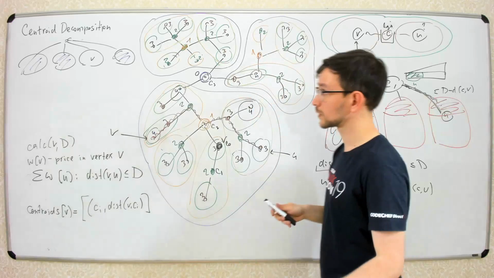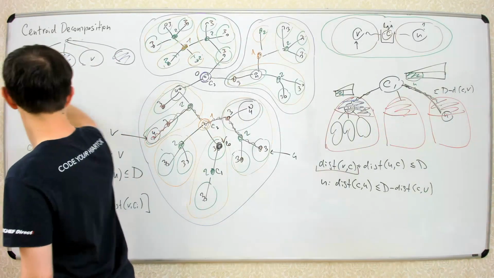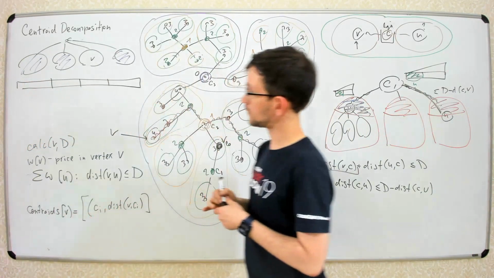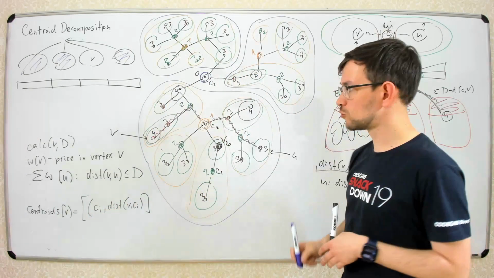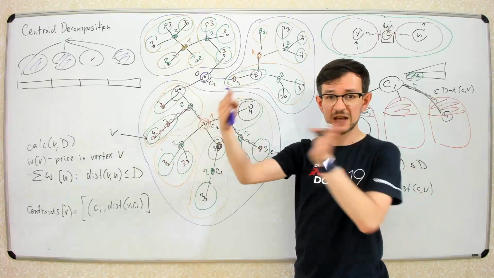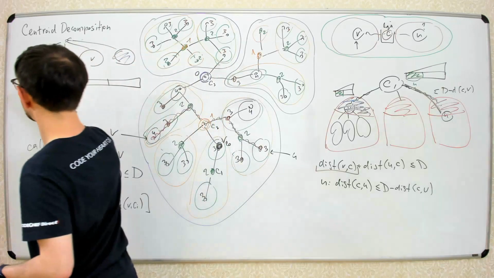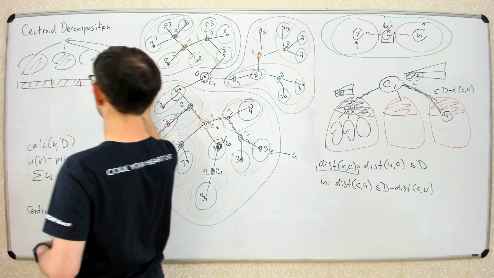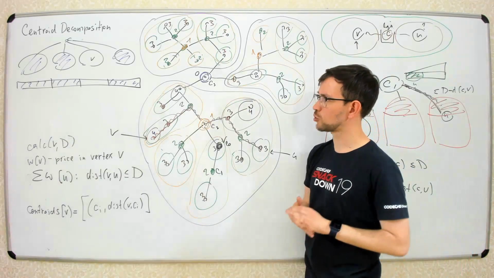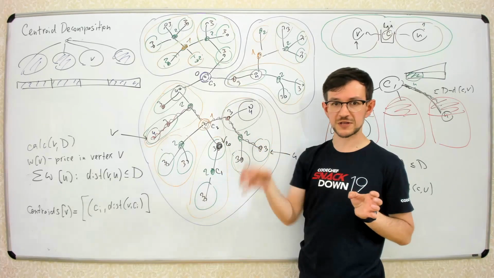What you can do is put all these elements into a single array, like this, and split it into regions. Now you want to calculate the function on the whole array except this segment. So you want to be able to calculate some function in the array when you remove some segment from this array.